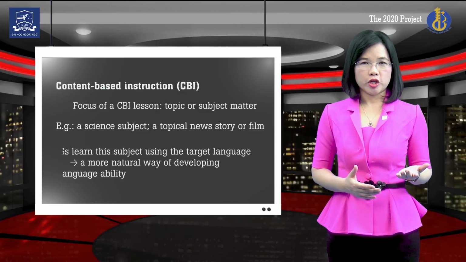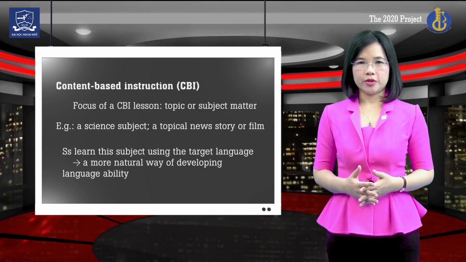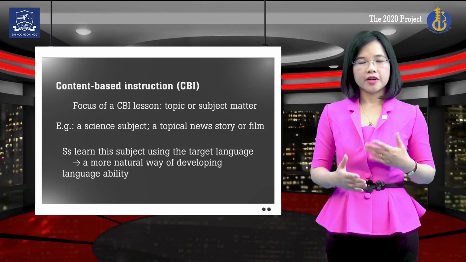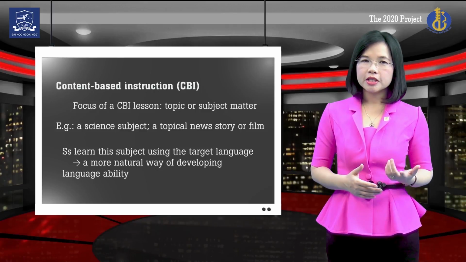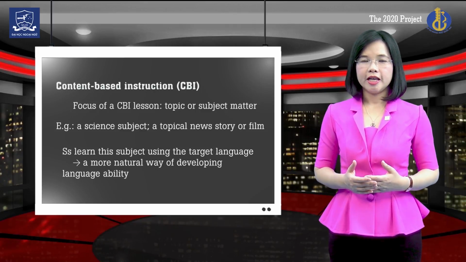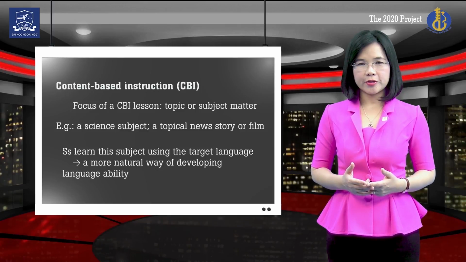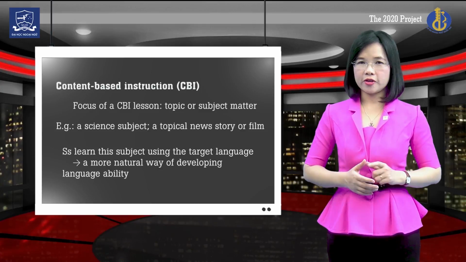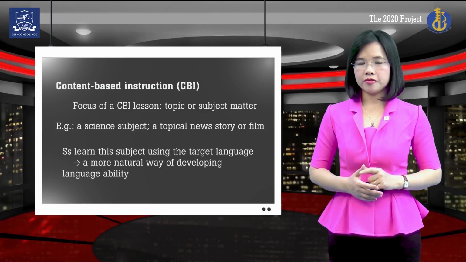They learn about this subject using the language they are trying to learn, rather than their native language, as a tool for developing knowledge. Therefore, they can develop their linguistic ability in the target language. This is thought to be a more natural way of developing language ability, and one that corresponds more to the way we originally learned our first language.